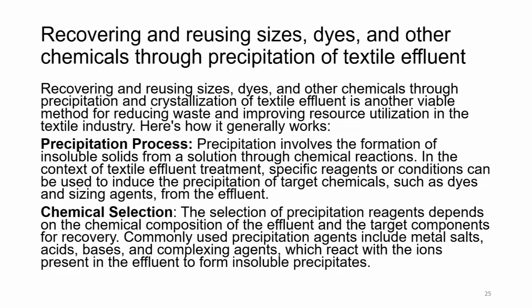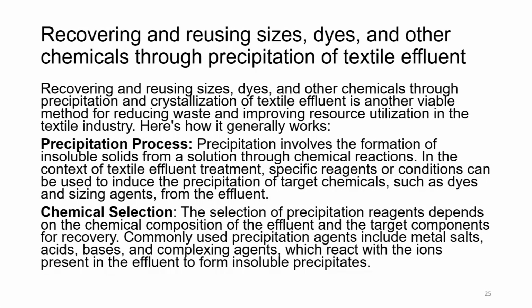The selection of precipitation reagents depends on the chemical composition of the effluent and the target components for recovery. Commonly used precipitation agents include metal salts, acids, bases and complexing agents which react with the ions present in the effluent to form insoluble precipitates.